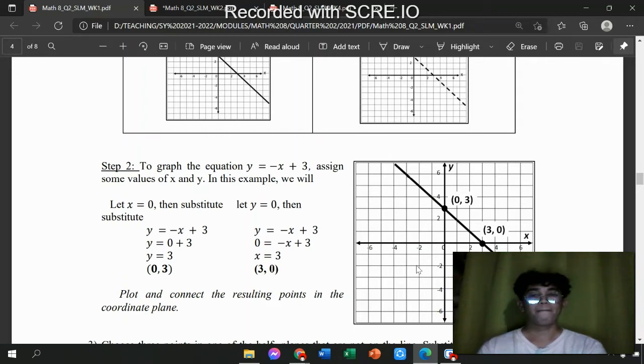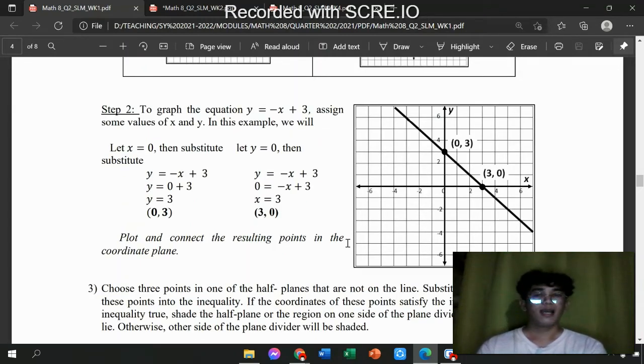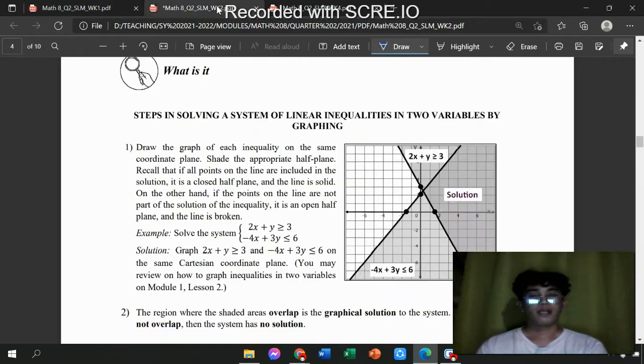Then imo nang i-connect ang resulting points on the coordinate plane. So mao ni ang graph sa 2x plus y is greater than or equal to 3, kani nga line. Mao ni atong na-come up nga line.